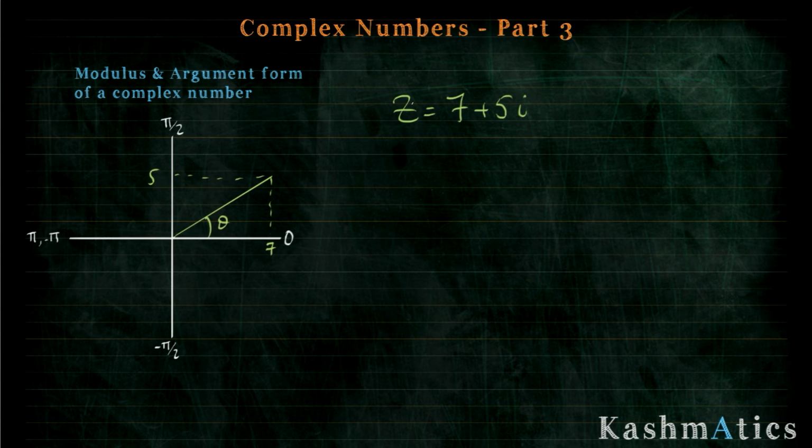So the first thing I'll do after that is work out the modulus of z. So the modulus of z would be 7 squared plus 5 squared, and take the square root of that, which gives me root 74.